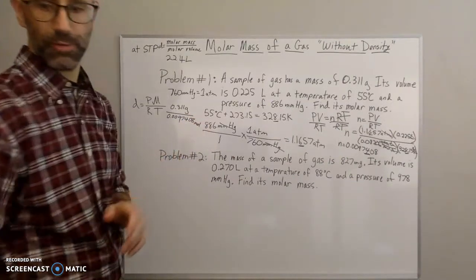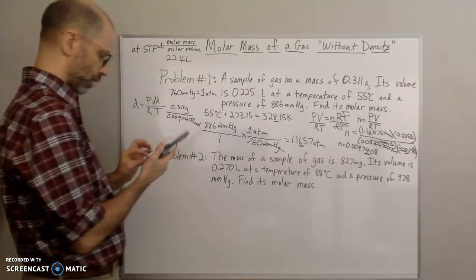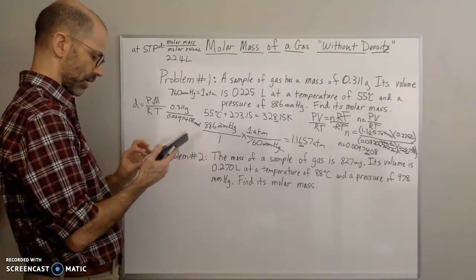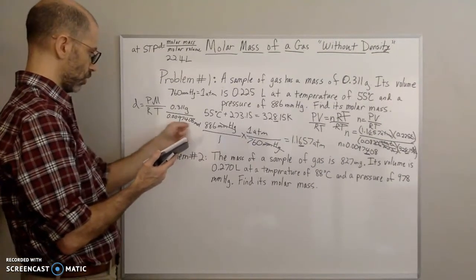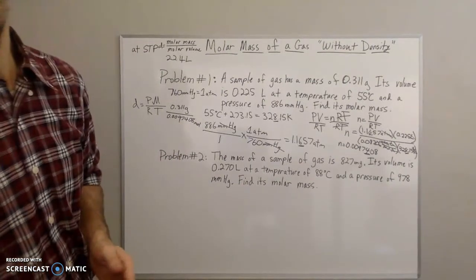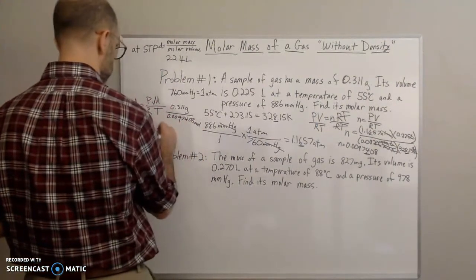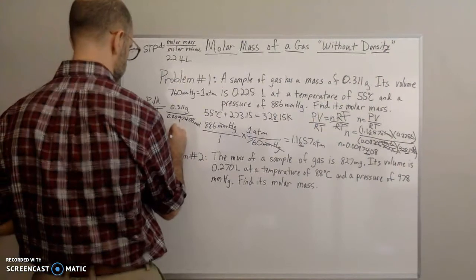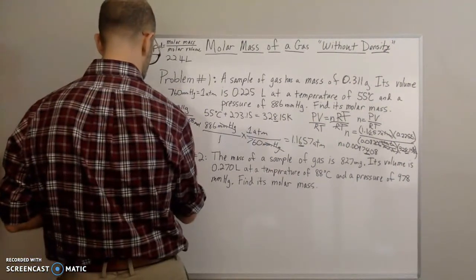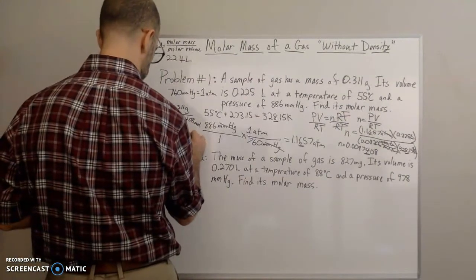So now if I calculate that, I'm going to take 0.311 divided by my answer from before, the moles, equals, and I get 31.927. But that's grams per mole.